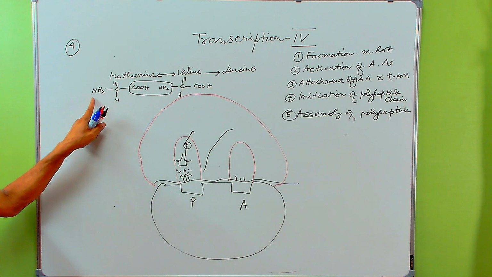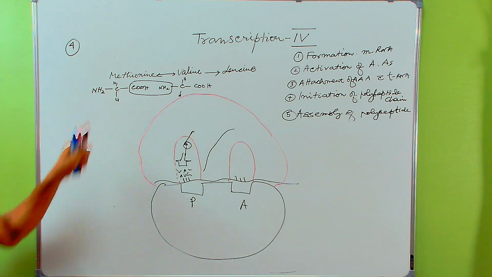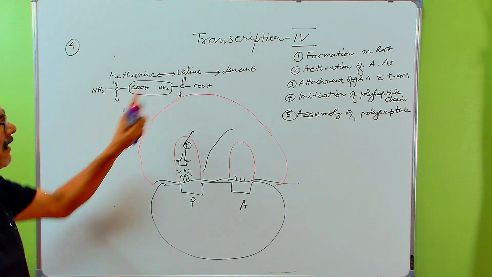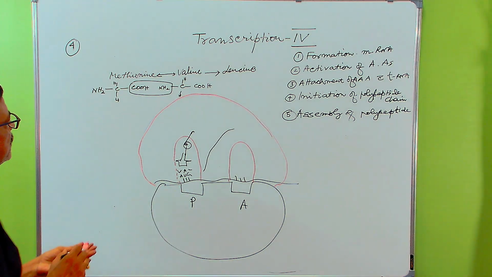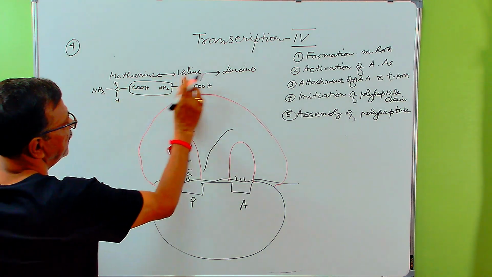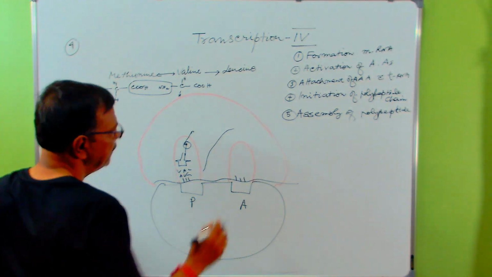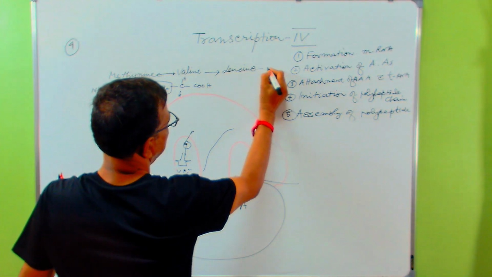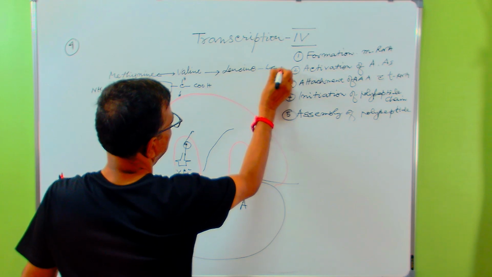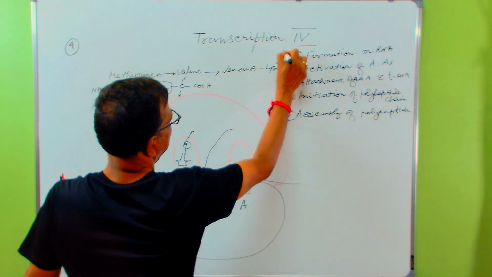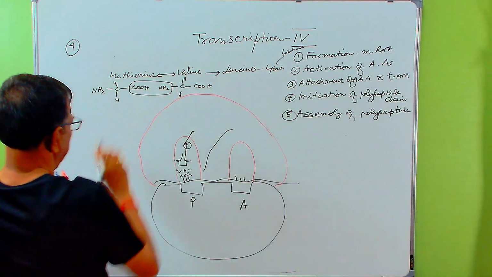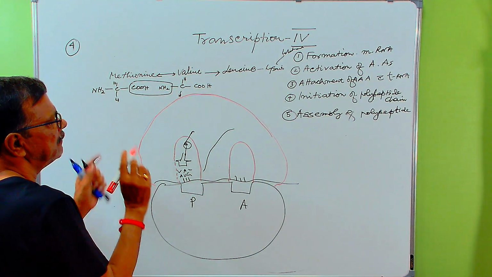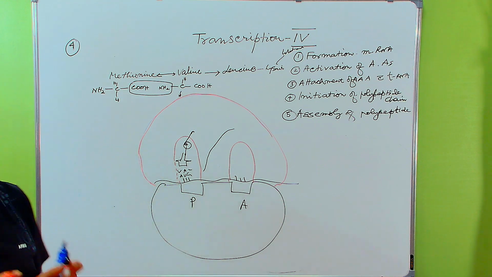Now the NH2 site, the amino acid site, remains free. Is it not? So in order to produce, say, valine, then leucine, lysine, and say glutamic acid. So 1, 2, 3, 4, 5. So I am producing a particular hormone.